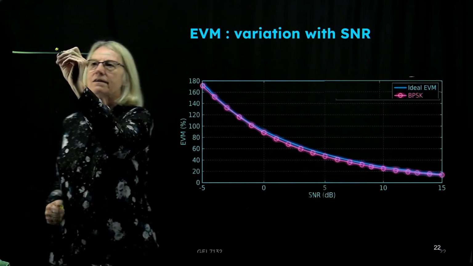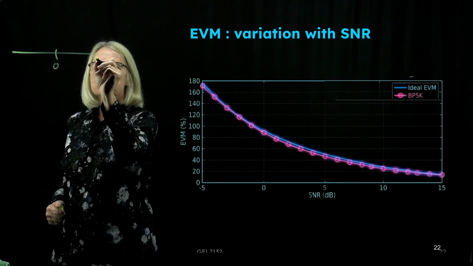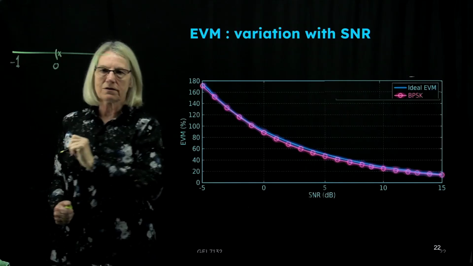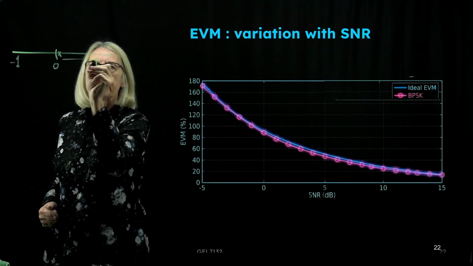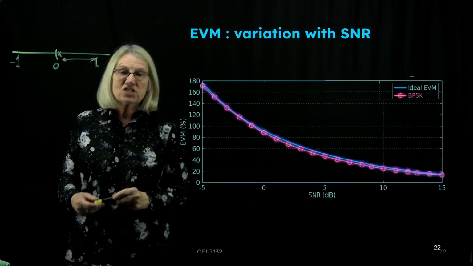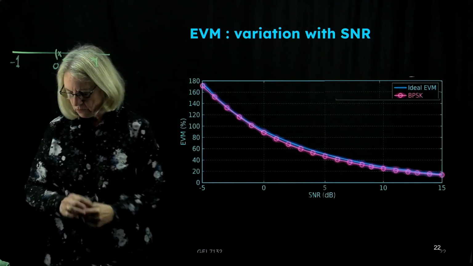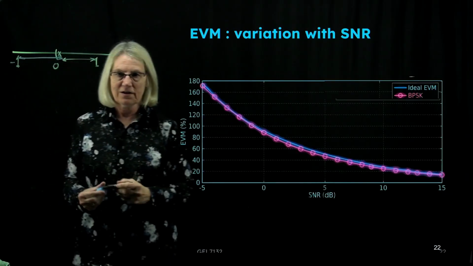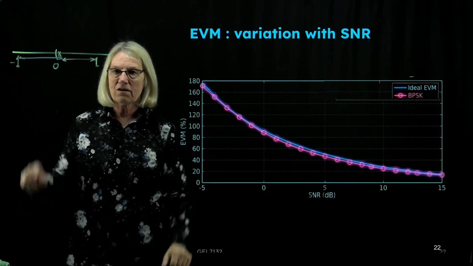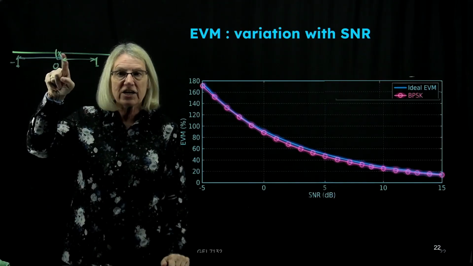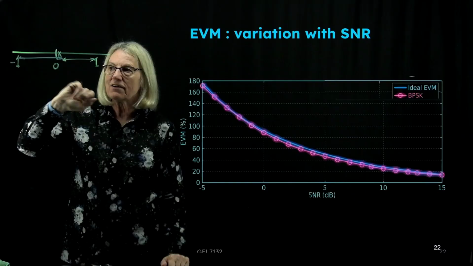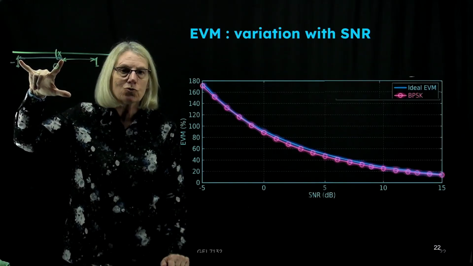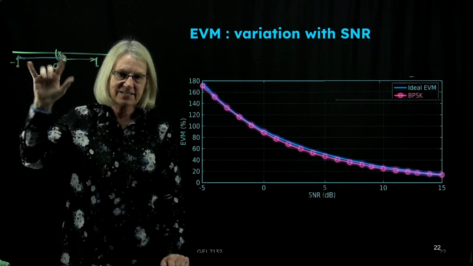I'm on this line. Here's 0. Here's the logic 1, -1, and I have something right here. I can calculate the EVM being this, but if I actually knew what the bit being transmitted was, I would say, no, the EVM I should calculate should be here. So on the ideal one here, I have calculated the true one. I know that this was intended for the -1, but that it was closer to the 1, and so the distance from the true symbol transmitted is this, and it's larger.